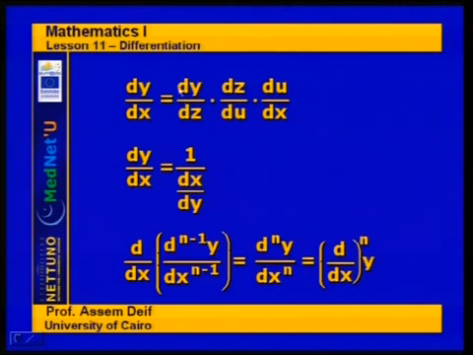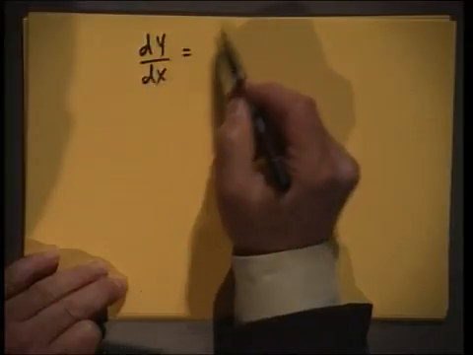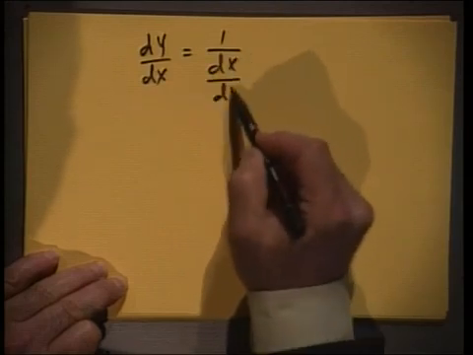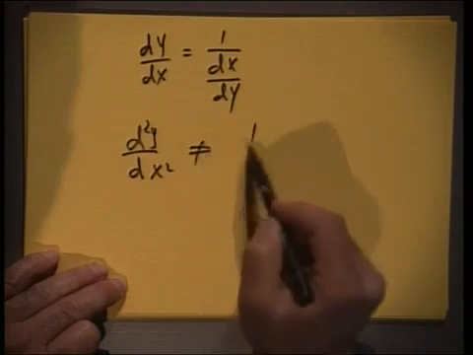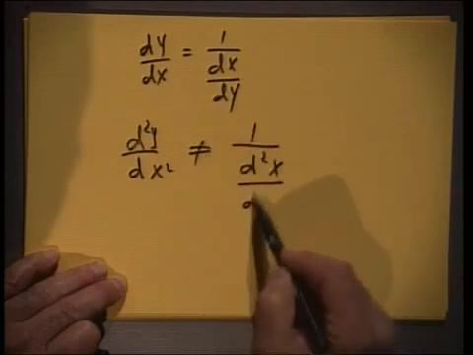Look at the simplicity of using differentials. Here, same thing: you multiply d by d to the power n minus 1 to obtain d to the n of y, whereas dx times dx to the power n minus 1 gives dx to the power n. Students, for example, say that dy/dx equals 1 divided by dx/dy, whereas d2y/dx² is not equal to 1 over d2x/dy².